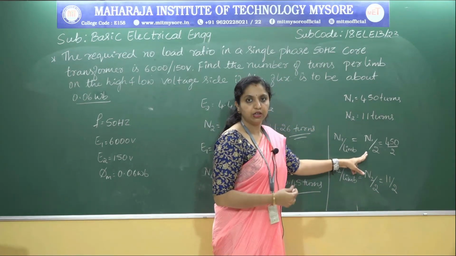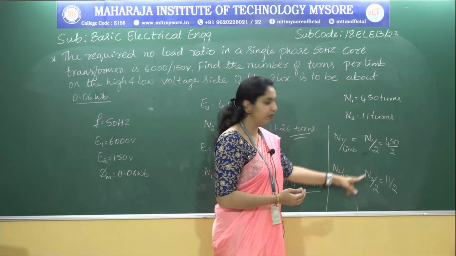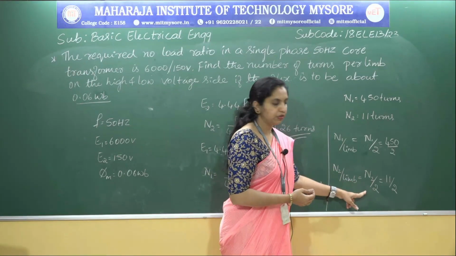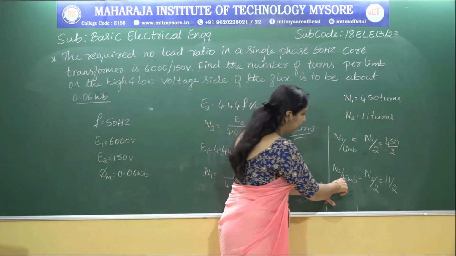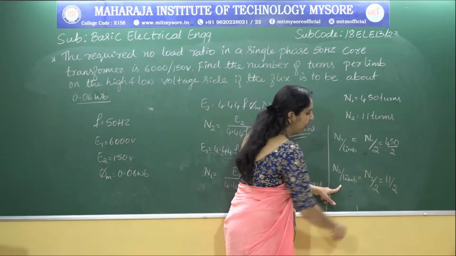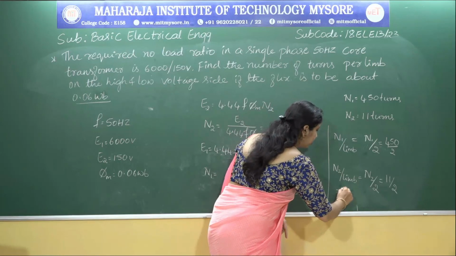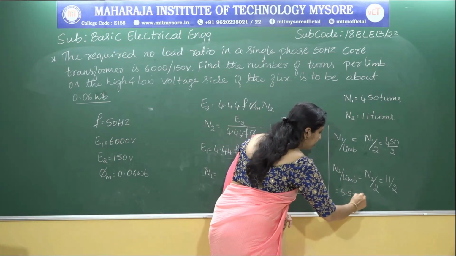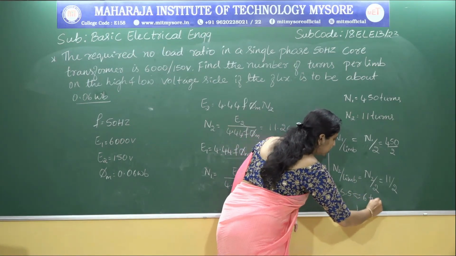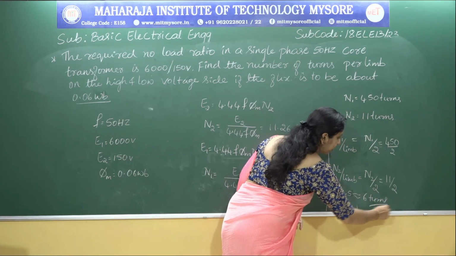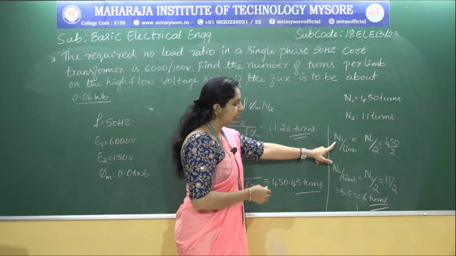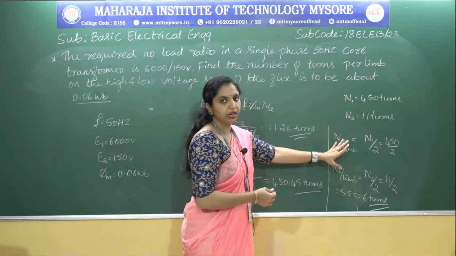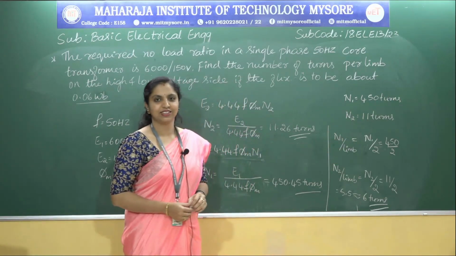If we get a fraction, we can just round off the value. For example, in the second case, 11 divided by 2 gives 5.5, so we can approximate this to 6 turns. Similarly, in the first case also we can round off. Thank you.